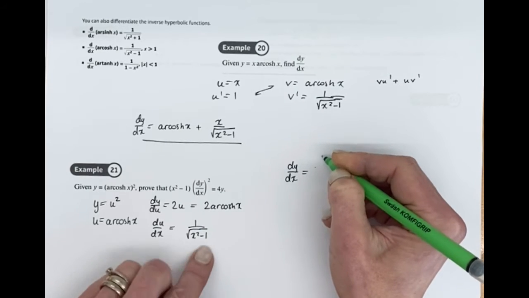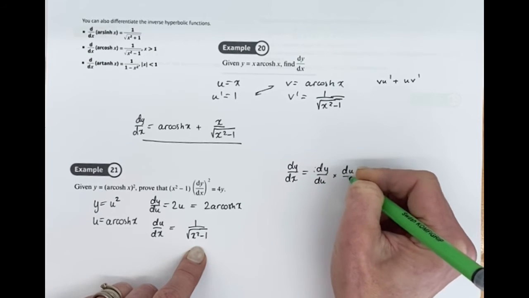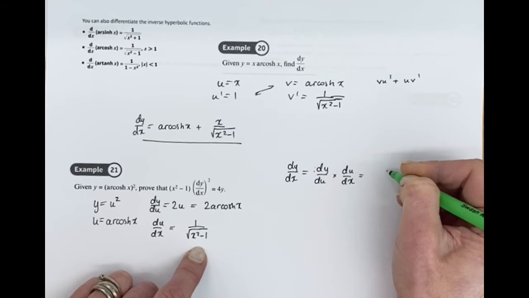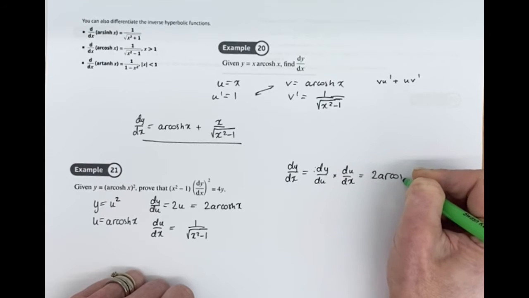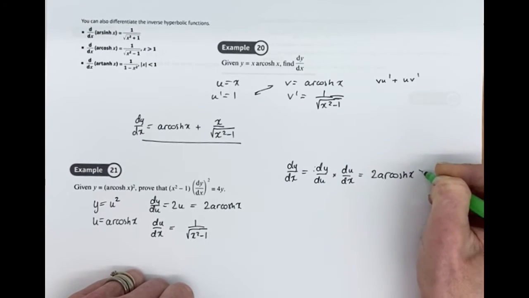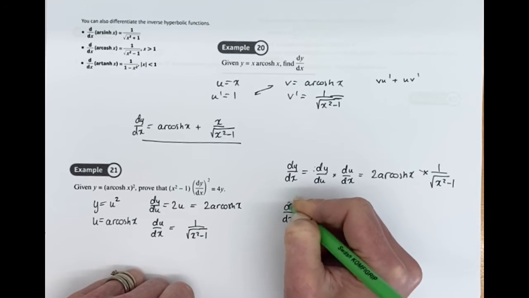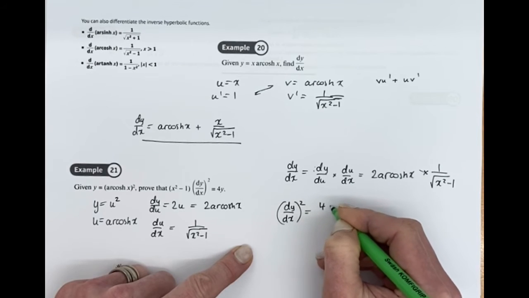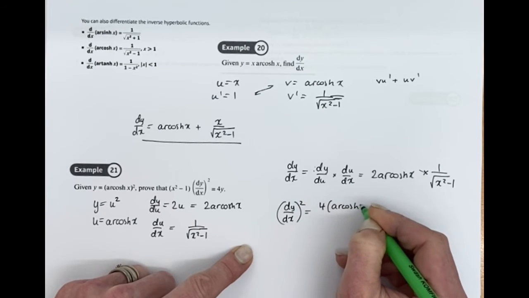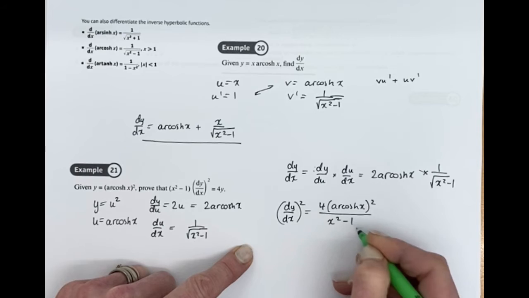So dy dx is going to be dy du multiplied by du dx. That gives me 2 arcosh x multiplied by 1 over the square root of x squared minus 1. So dy dx, we can square it because we are aiming to get the result with a squared, is going to be equal to 4 arcosh x all squared, and then if you square the square root, you get x squared minus 1.